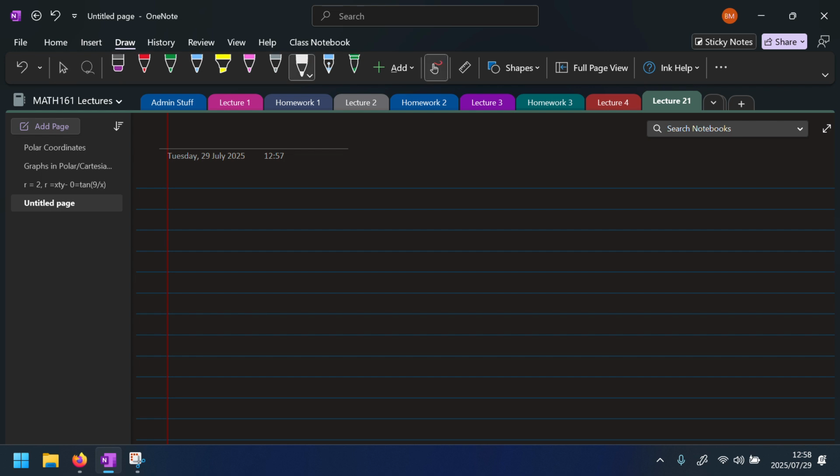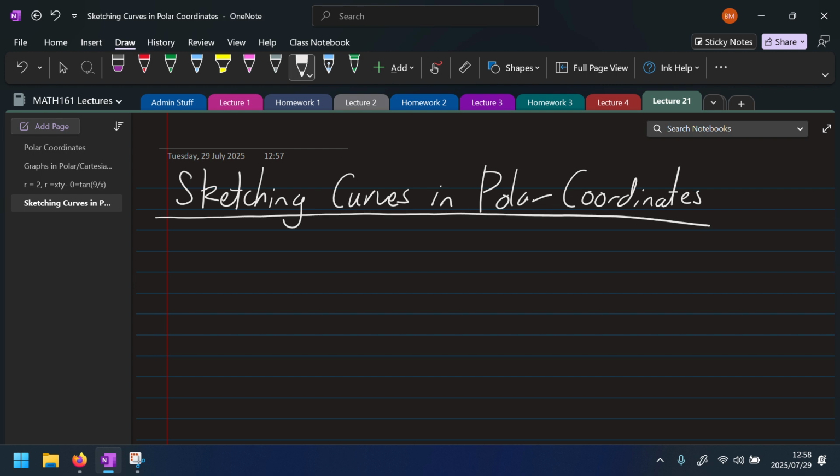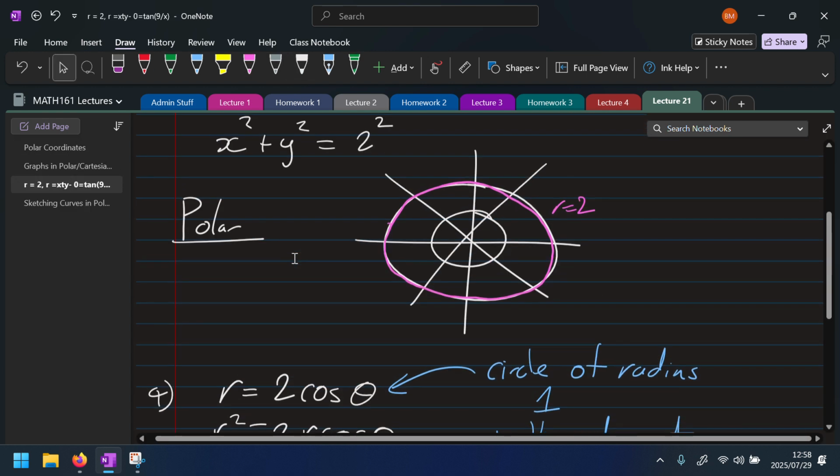Okay. Sketching curves in polar coordinates. So when I say sketching curves in polar coordinates, it means you're given something like this.